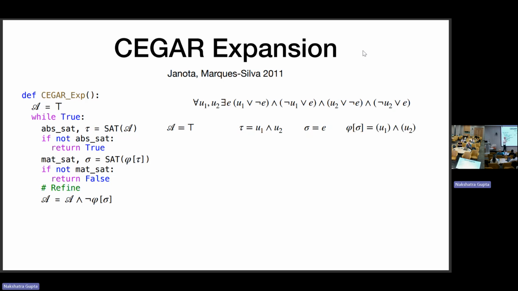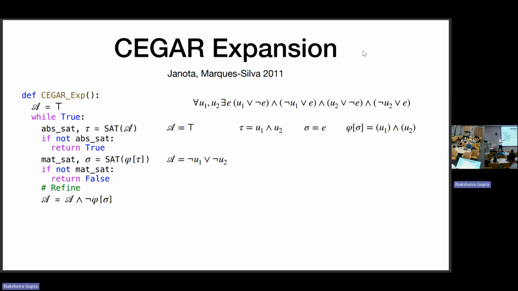And so we plug in this assignment sigma and simplify, and we get this formula over here. And in order to make sure that future moves of the universal player will work against this move, we add the negation of this formula to the abstraction.